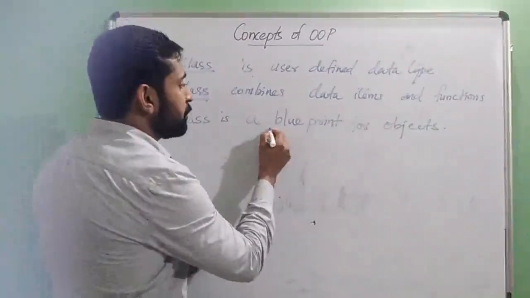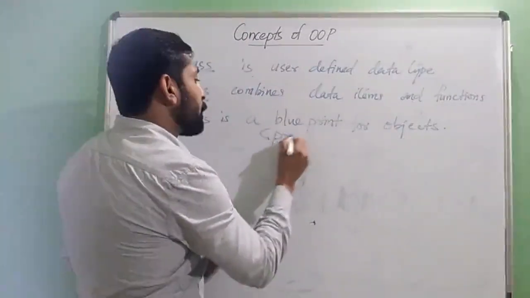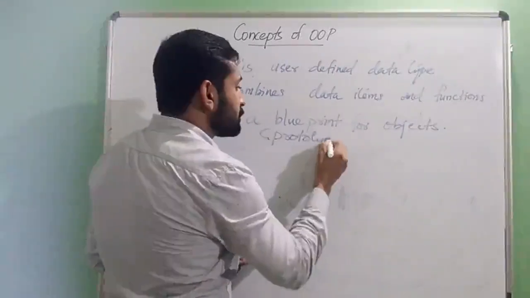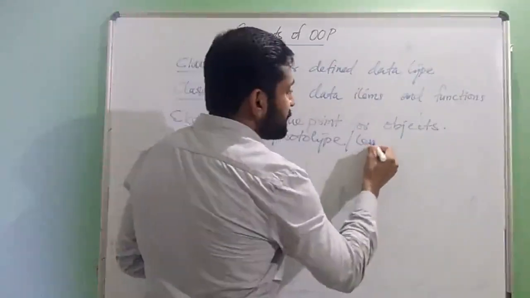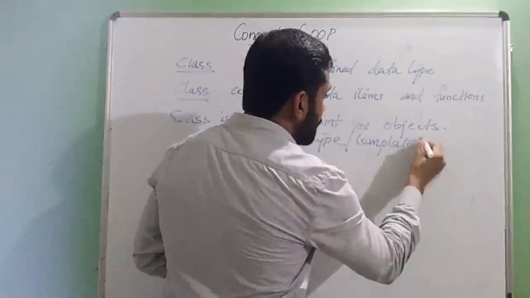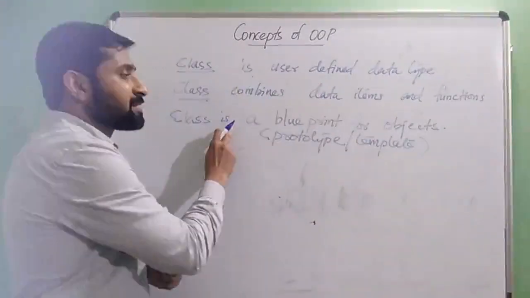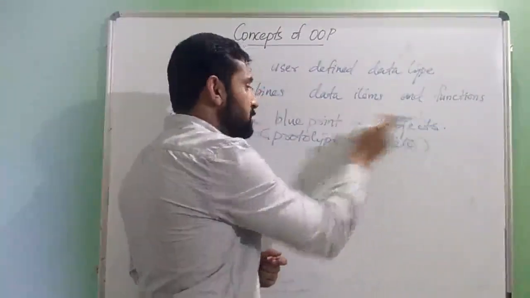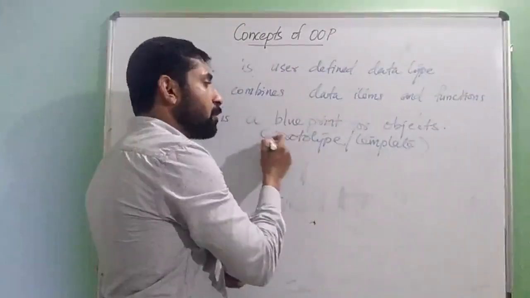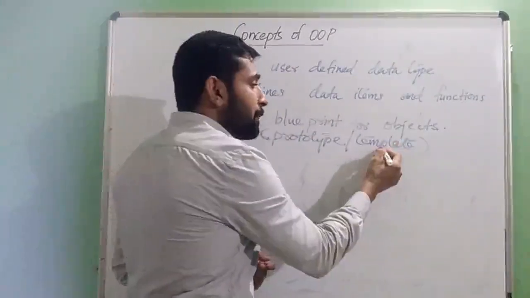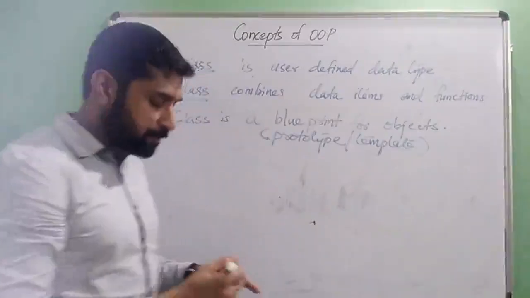Or instead of blueprint, we can say it's a prototype or template. A class is a blueprint for objects. A class is a prototype for objects. A class is a template for objects.